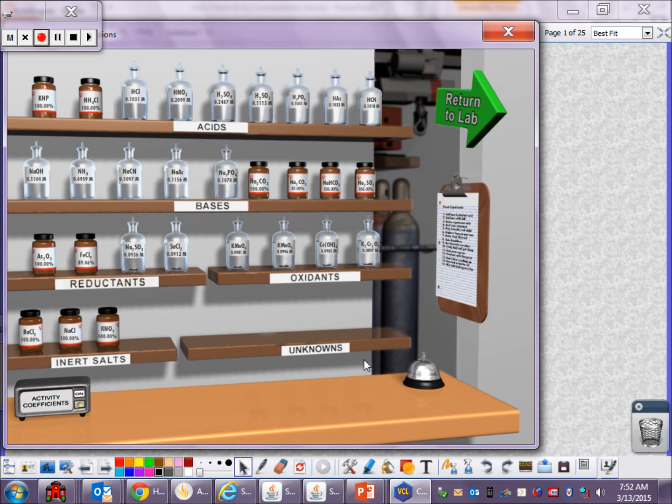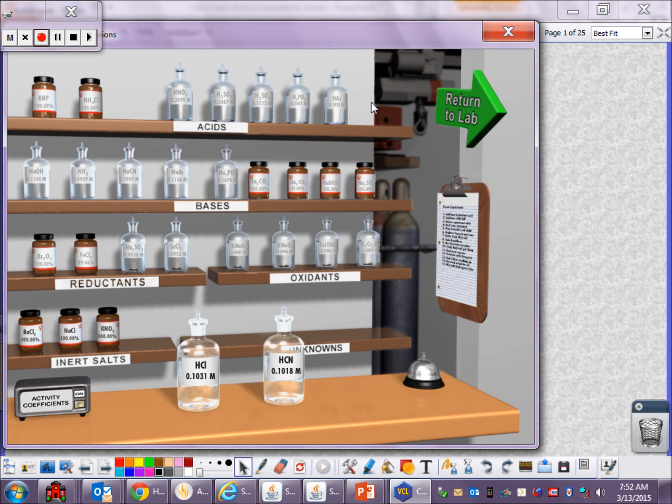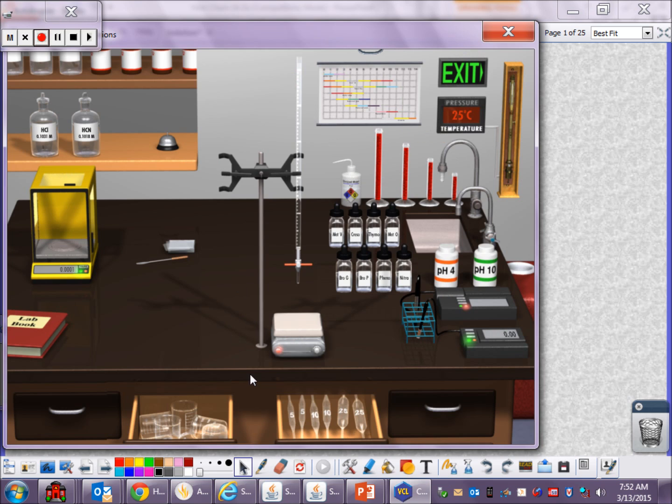Now I'm going to pull out the last two, which are hydrochloric acid, HCl, and hydrocyanic acid, HCN. Okay, back in the lab. Let me do the same thing.